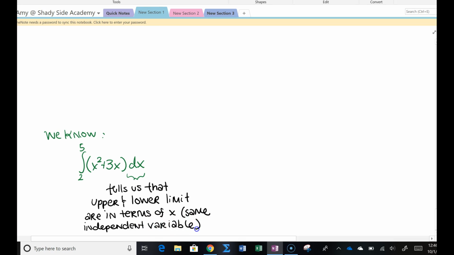We know how to evaluate this using the fundamental theorem of calculus. We find the antiderivative, evaluate the upper limit, evaluate the lower limit, subtract them, okay? How about this one? The definite integral from 2 to 5 of (3x plus 1) to the 17th dx.